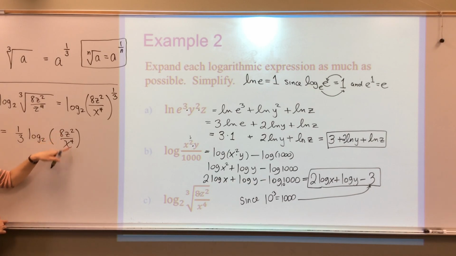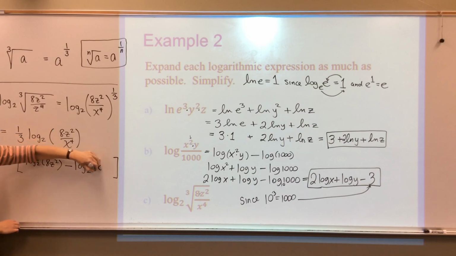This is similar to part B, like we said, it's a product and some powers. So all we need to do is be careful not to lose the 1/3. When we break down the rest of the logarithm, all of that answer that we get, that expanded answer is times 1/3. So starting with the numerator, log base 2 of 8z squared can be separated from the denominator by subtraction.